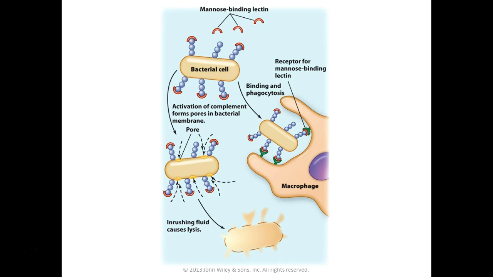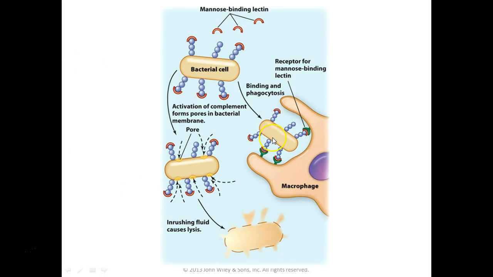The other is something we're going to also talk about as one of the outcomes of the complement system, what we call opsonization. They don't have the term in this particular diagram. But in simplest terms, I always think of opsonization as tagging for destruction. Because what is happening here?